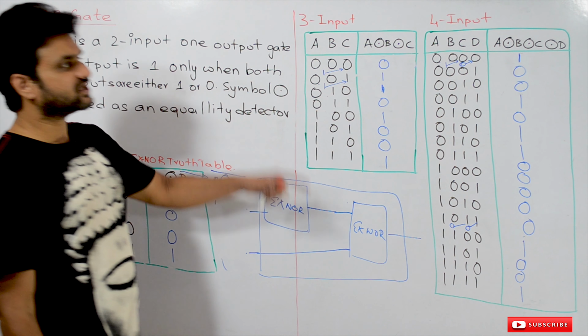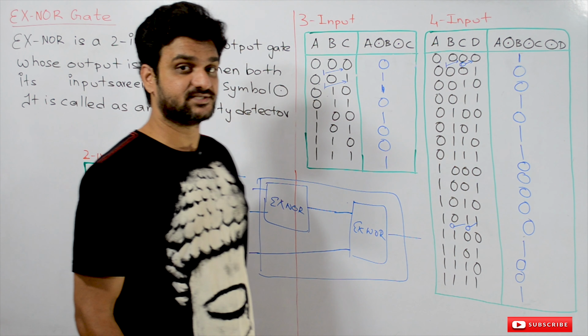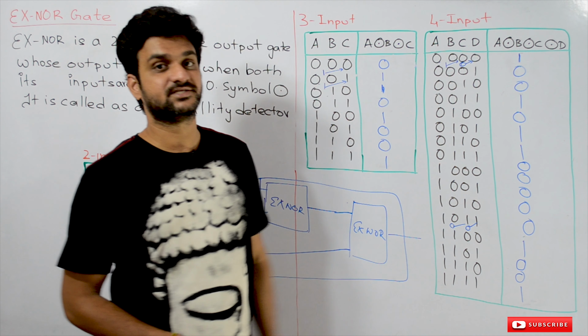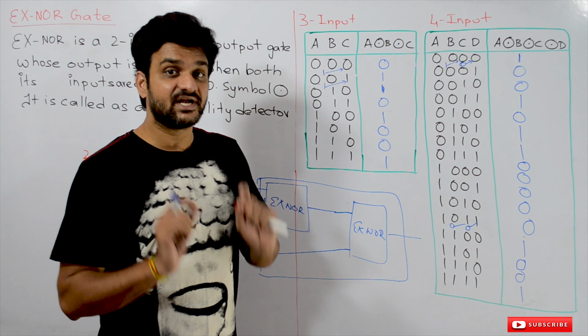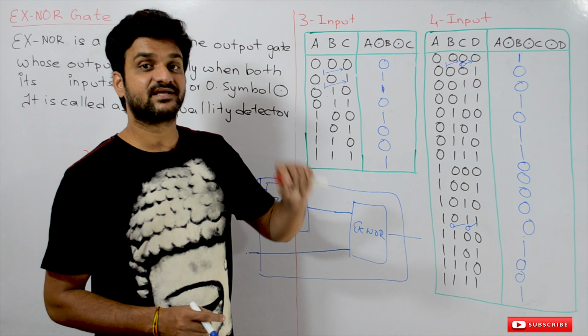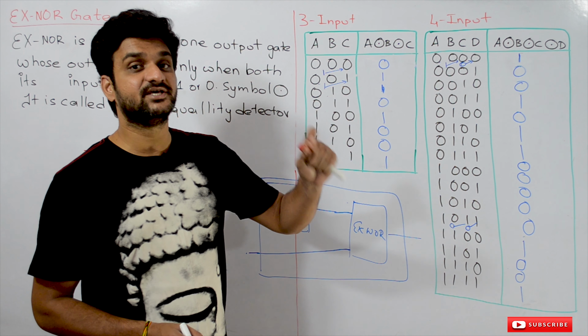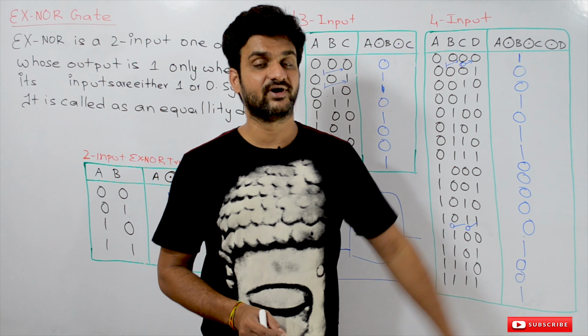Okay, so this is how 4 input XNOR gate is going to produce the outputs, and there is a logic behind this. So what that logic is, if there are even number of zeros in the inputs, then XNOR gate is going to produce an output of 1.